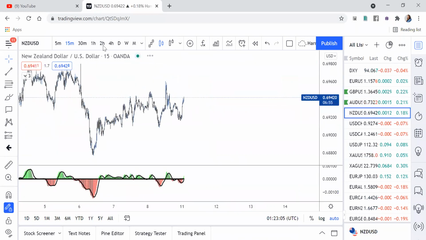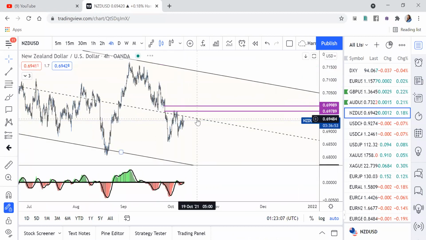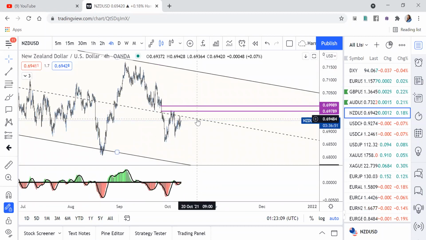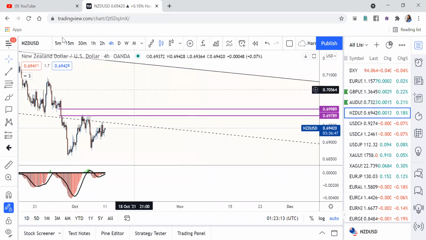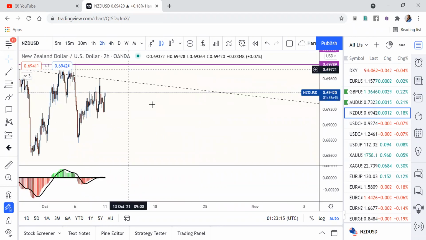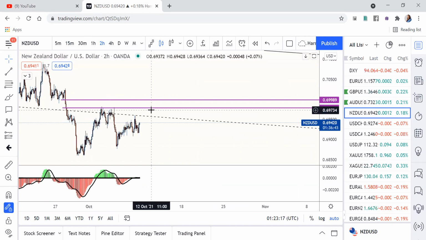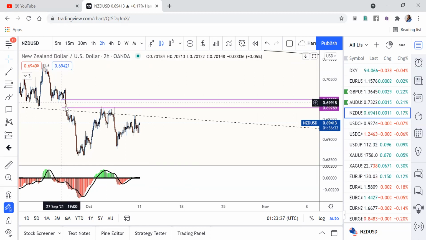NZUSD. So with NZUSD, this is my imbalance here.